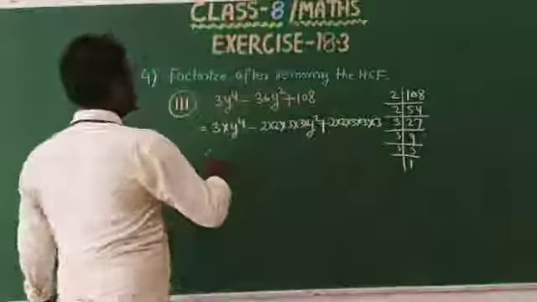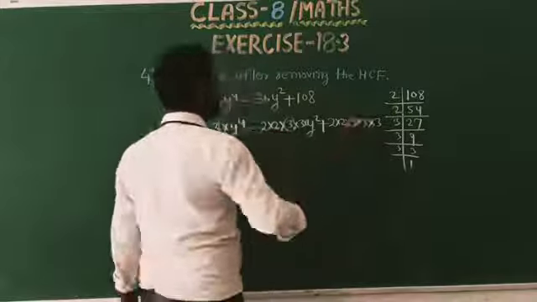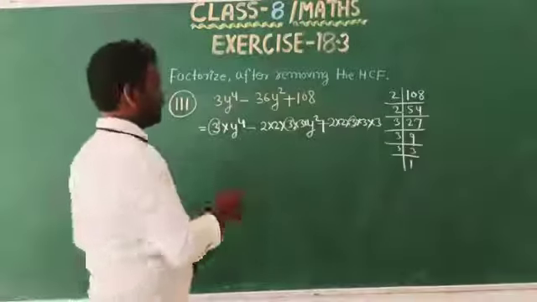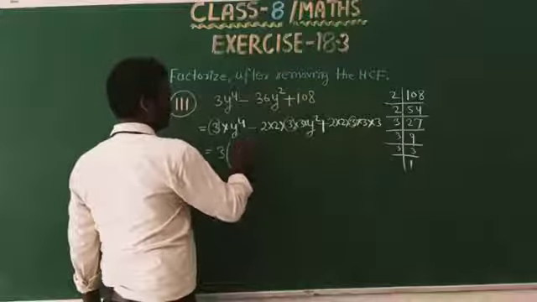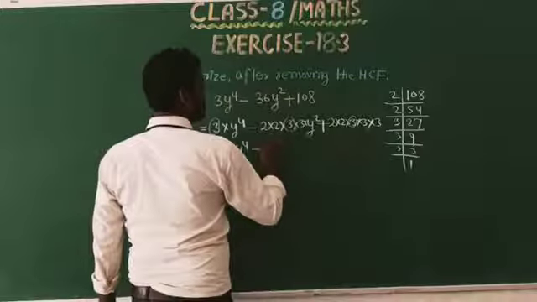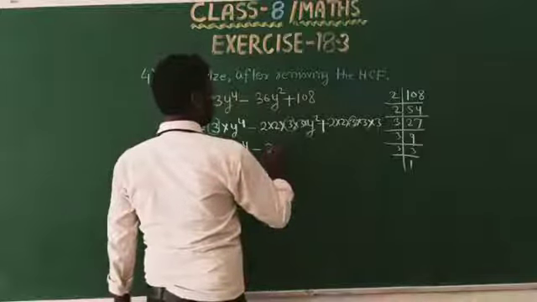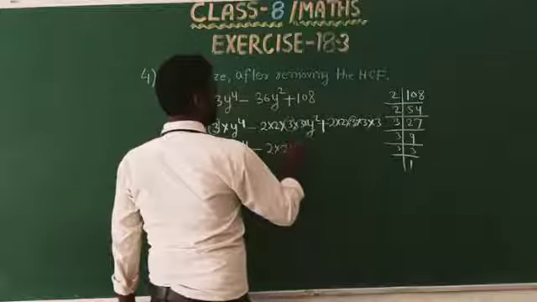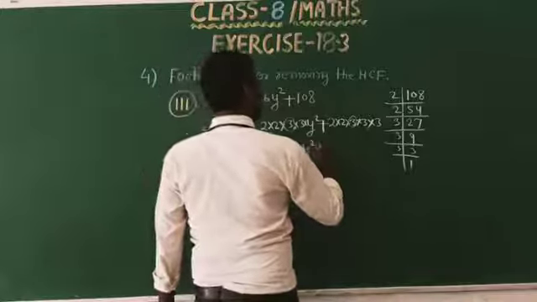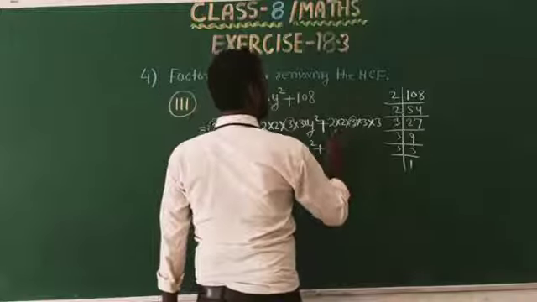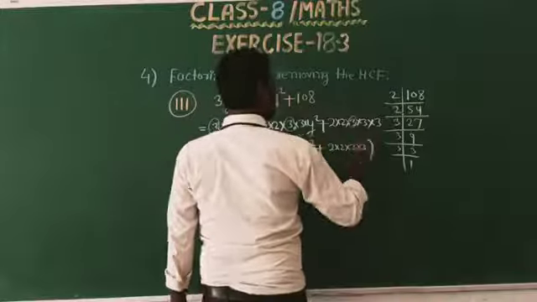Here we have 3 in all the terms. Taking out 3 as common, we are left with y to the power 4 minus the product of 2 into 3 y square plus 2 into 3 into 3.